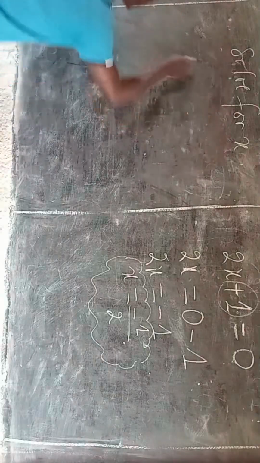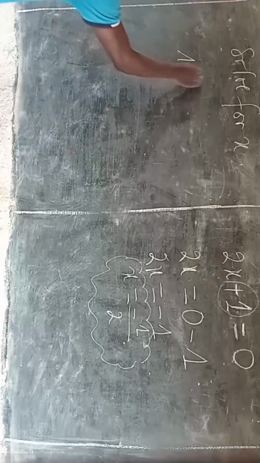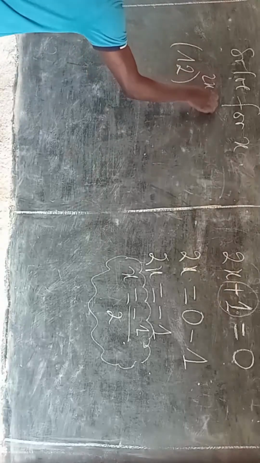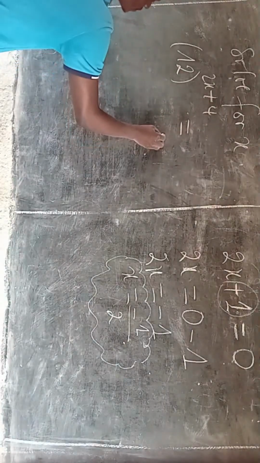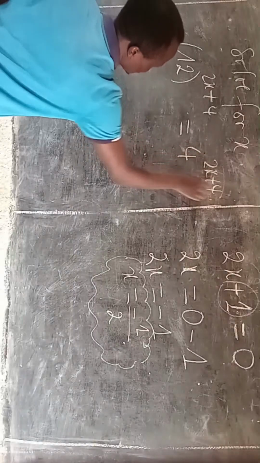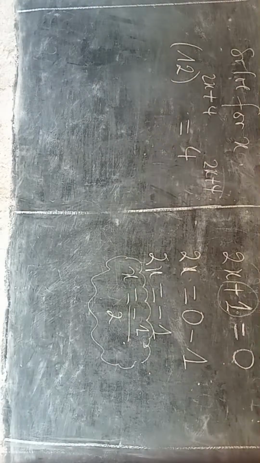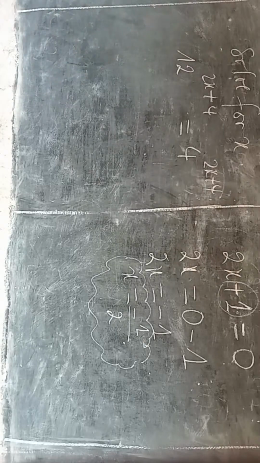Another short example we have is, for example, 12 power 2x plus 4 is equal to 4 power 2x plus 4. Now, solve this kind of exponential equation.